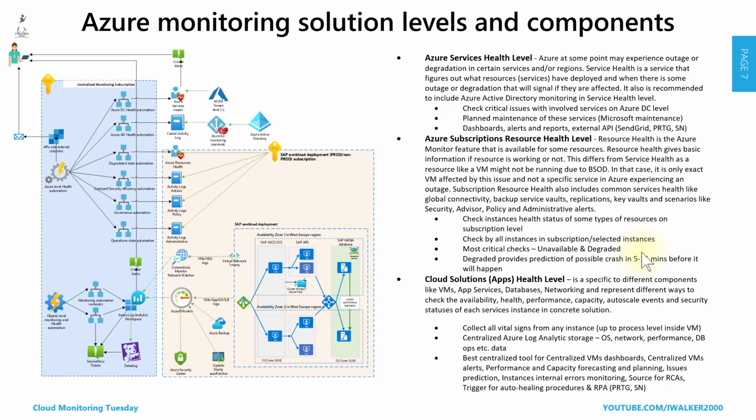to better understand what we are doing, we need to look at the Azure Monitor solution by levels and components. What I mean by levels, this diagram shows you in the best way exactly the levels. Look, we have 3 different levels to monitor any Azure solution.